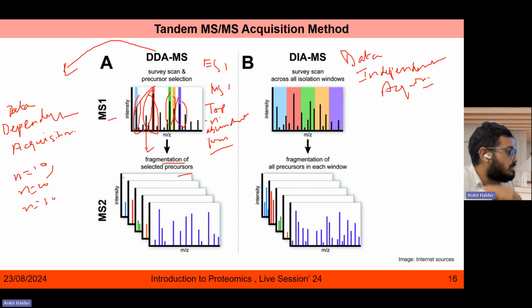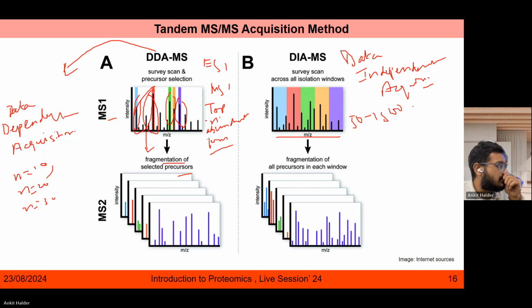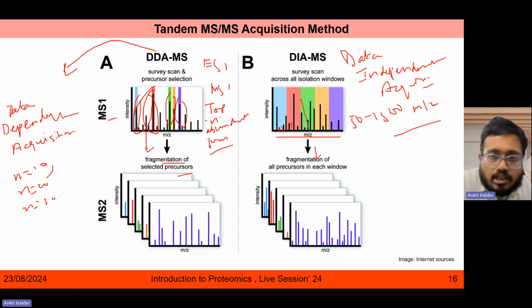But in data independent acquisition, what is happening is that for a given m/z window, for example 50 to 1500 m/z, whatever ion comes, be it less abundant or highly abundant, anything, you will be doing the fragmentation of all the precursors in each window.